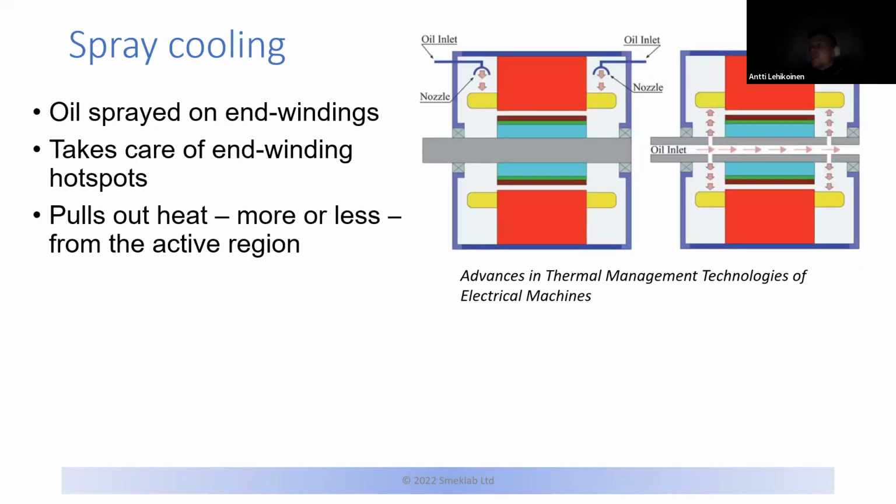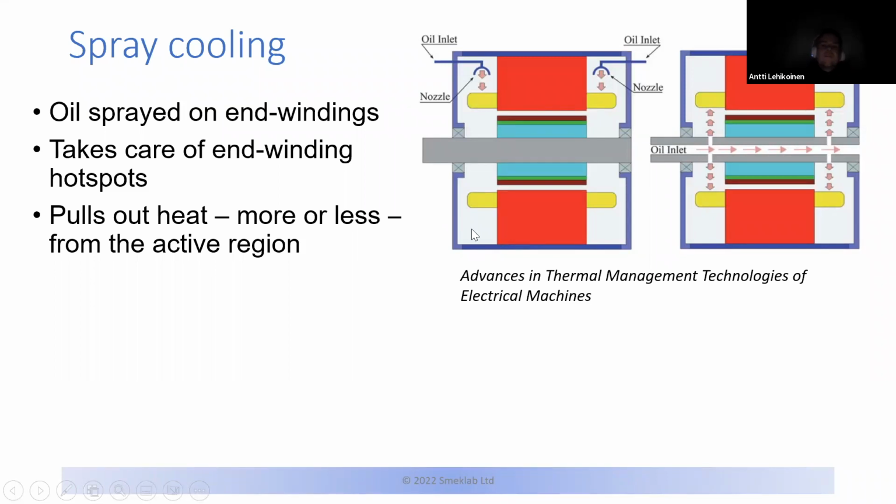The second most common is the so-called spray cooling. It's used in a few tier 1 EVs nowadays at least. Basically what happens is that you are cooling with oil and you are spraying it on the end windings of the machine. So the end windings are the part of the winding that is not inside the active part of the machine, but they are the visible part. When you spray them with oil, the oil takes away some of the heat, then it's collected at the bottom of the machine.